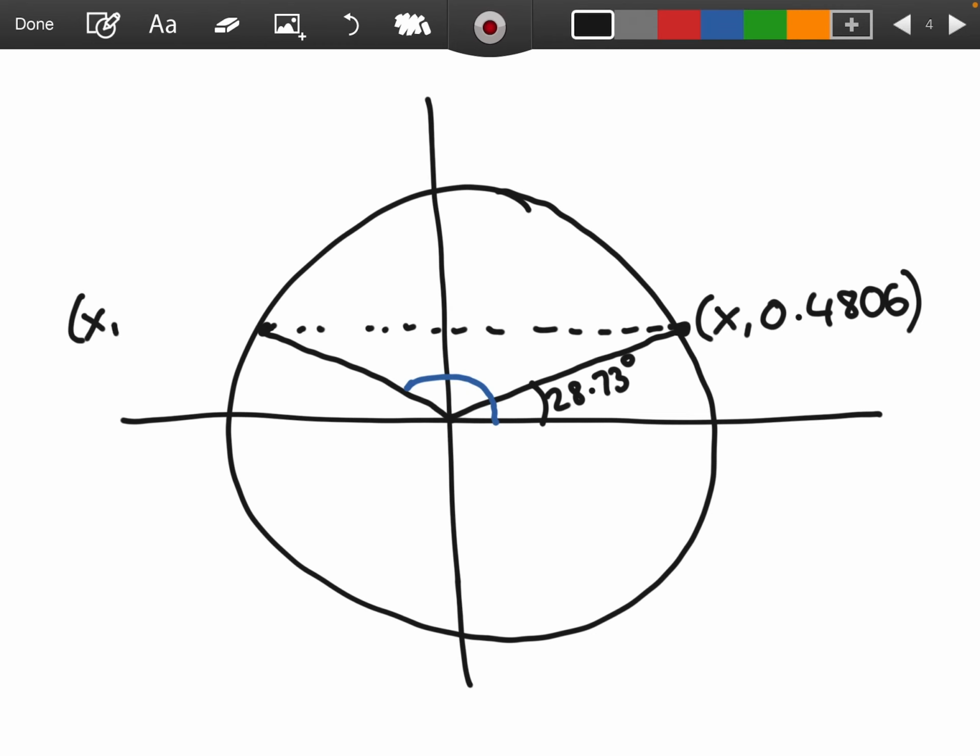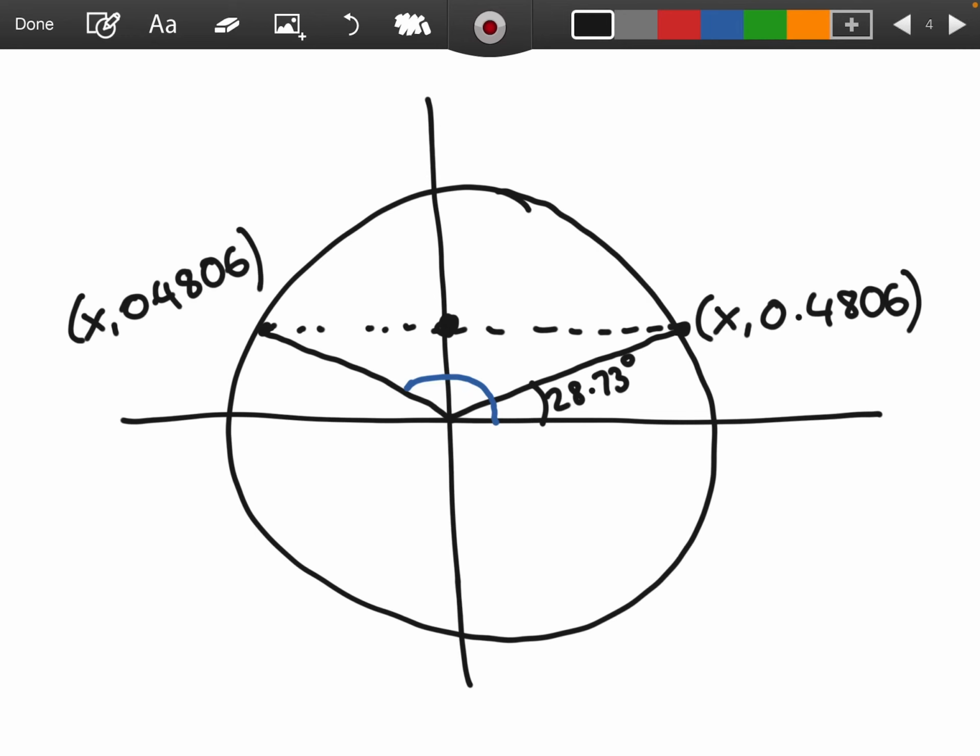It has a negative x-coordinate compared to 28.73 degrees. So the cosine value for the angle is going to be negative here. But the sine of this particular angle over here is going to be the exact same because they're in line with one another. So they both have a y-coordinate of 0.4806.